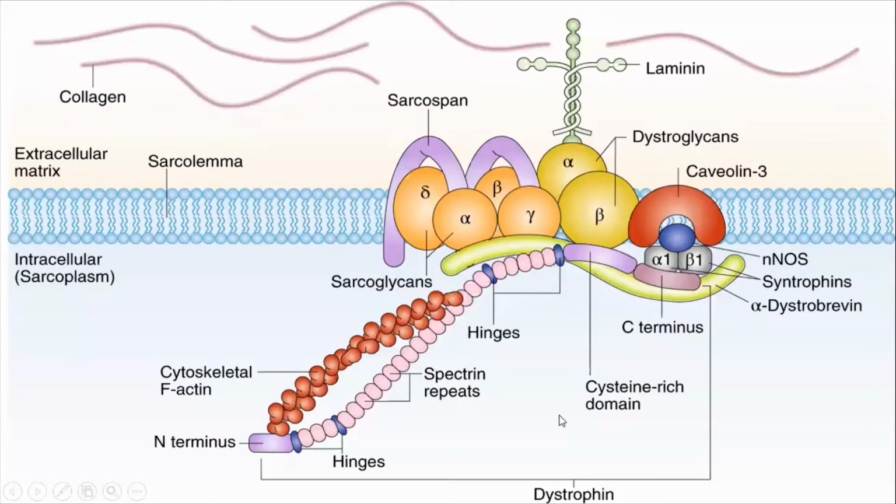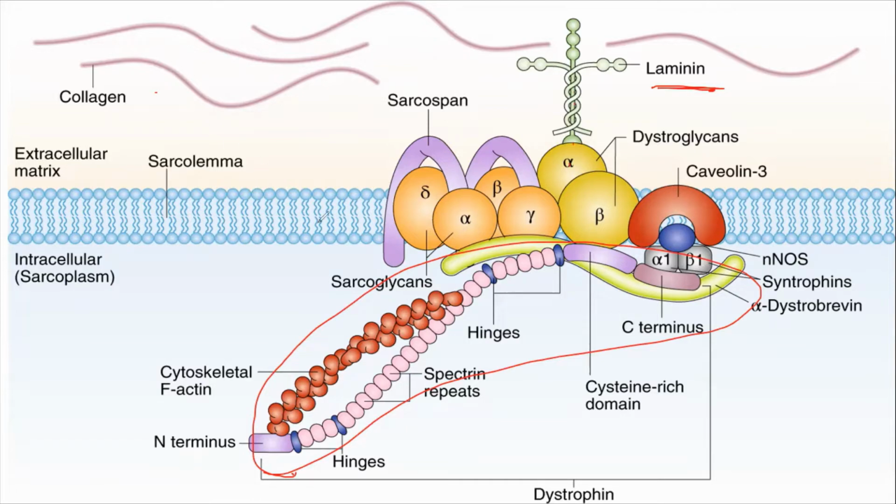This is more in detail. Here you have the dystrophin. It is making connections with your transmembrane proteins. Here you can see they are made up of so many other proteins. These are the laminin. All these proteins are making connections with, for example, the collagen, which is present in the extracellular matrix.